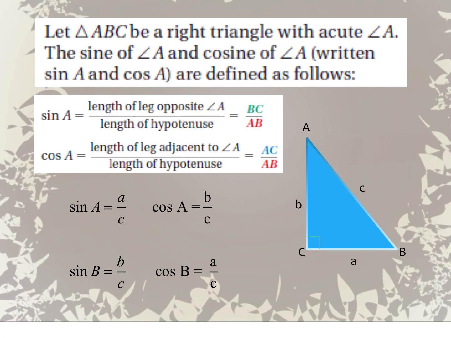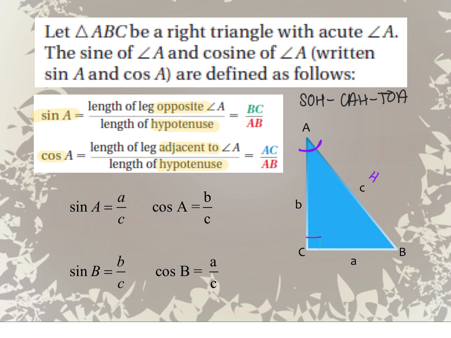So again, if we know our SOHCAHTOA, we know what goes where. So with sine, we have opposite over hypotenuse, and cosine is adjacent over hypotenuse, but it depends on which angle they're asking for. For the first one, they're asking for angle A. So here's angle A. According to angle A, C is my hypotenuse.